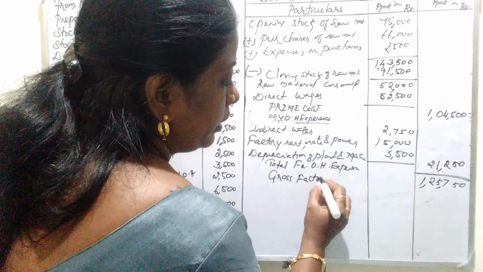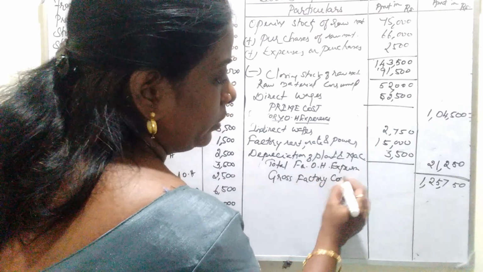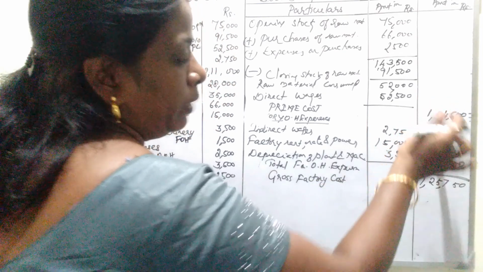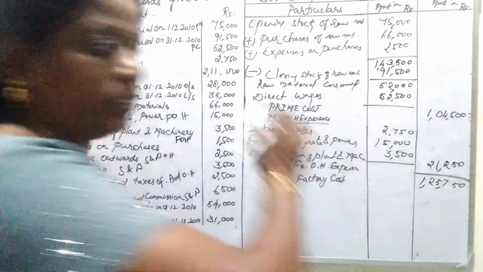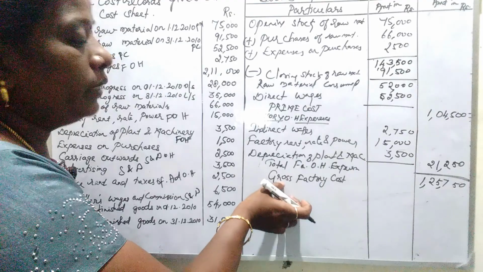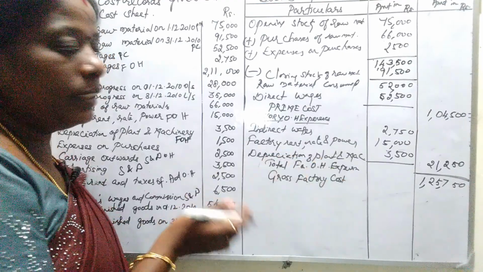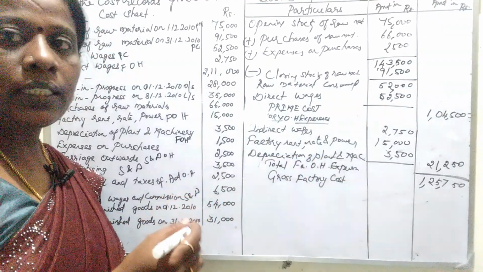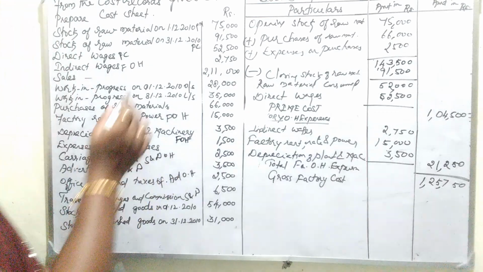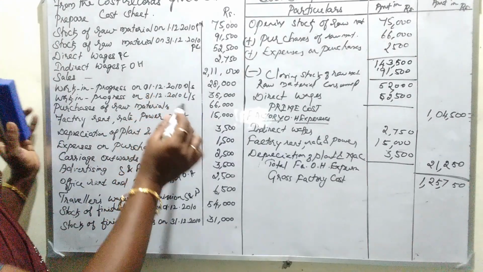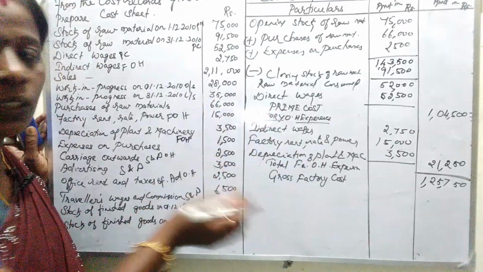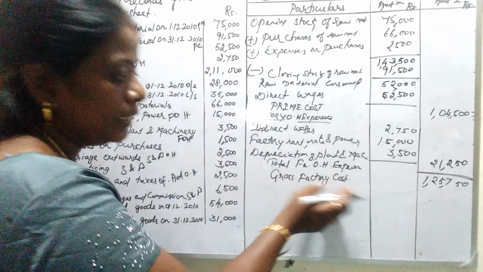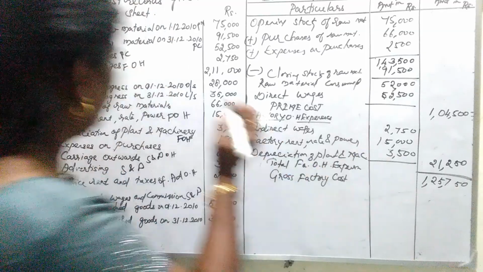Usually we mention only factory cost. The total of prime cost and factory overhead expenses is called factory cost. Here we mention gross factory cost because we have to adjust the work in progress, opening and closing stock after that, and finally we find the factory cost. So here this is gross factory cost.